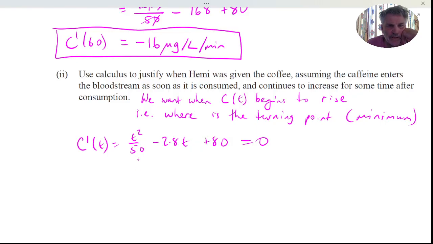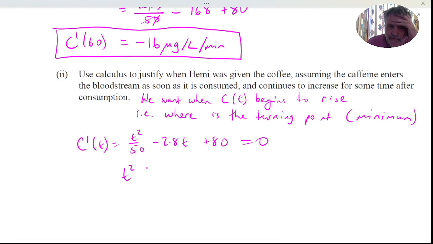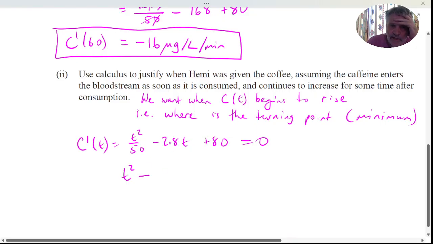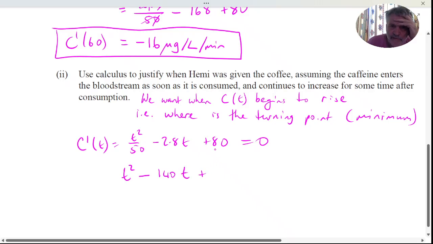I don't like fractions, so my standard strategy, and recommended, I think, is when you've got a fraction, just multiply through by that 50. So we get t squared here, multiply this by 10, gives us 2.8 times 5. 10 will give us 28. 28 times 5. 5 20s are 100. 5 8s are 40s, 140t. And multiply by 50, 5 8s are 40.